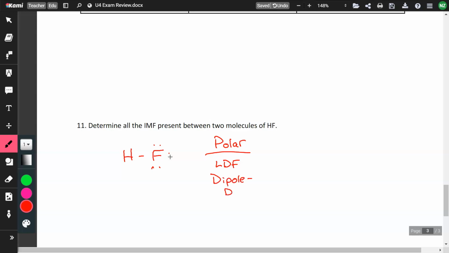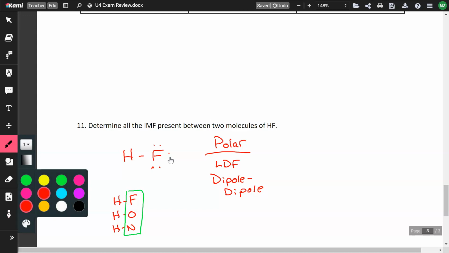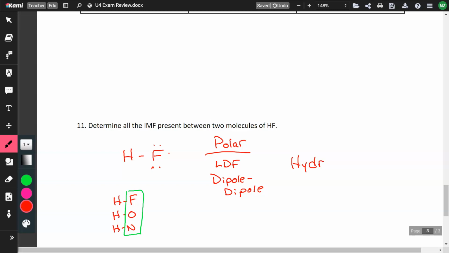Every single polar molecule has that. Now, does it have the criteria for hydrogen bonding? Does it have one of these three? Remember, it spells out phone. Yes, absolutely. So it's also going to have hydrogen bonding. So the correct answer here would be London dispersion, dipole-dipole, hydrogen bonding.